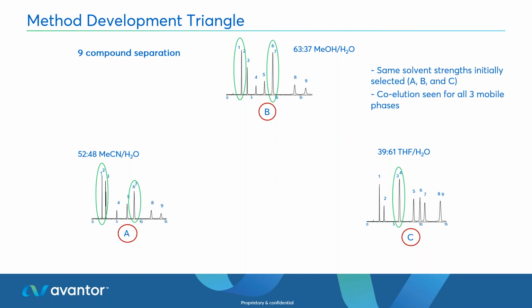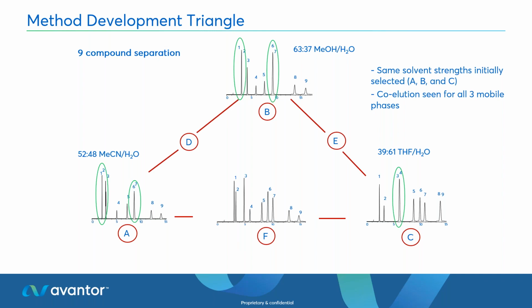And as we like methanol and acetonitrile, we'd probably look here. But in this case, because they had the same peak pairs coeluting, it's better to choose the third organic solvent, THF, because this had a different coeluting pair.